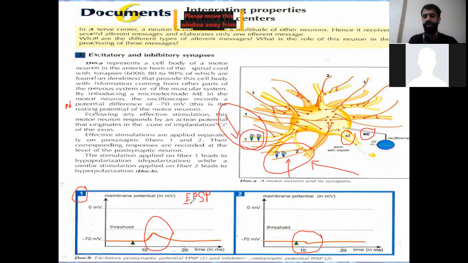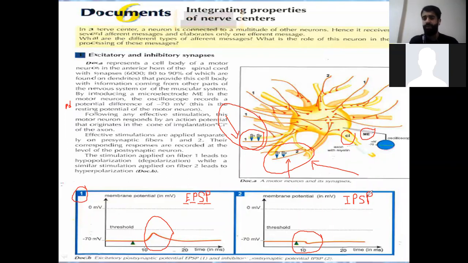E excitatory, P post, S synaptic, P potential. Whereas in document 2, we have the inhibitory postsynaptic potential. Since it decreases toward the negative, we have hyperpolarization. So this is referred to as IPSP.